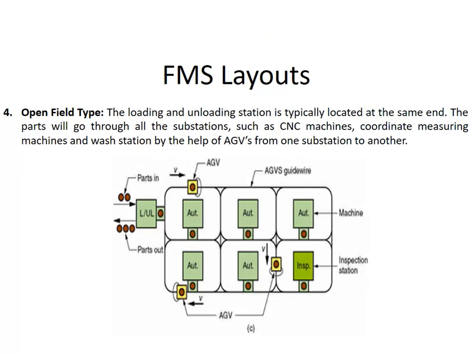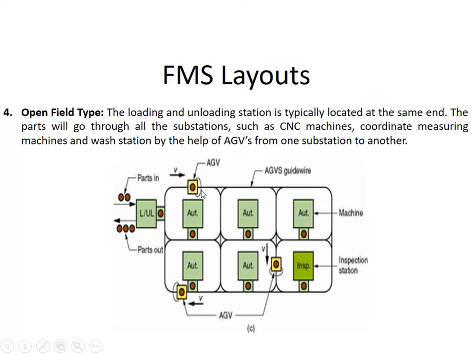So here you can see the open field type. The loading and unloading station is typically located at the same end as we saw earlier, and the parts will go through the substations. Here we can see the substations, which are nothing but the CNC machines or coordinate measuring machines, and with the help of AGVs the parts move from one substation to another. So this is one substation.